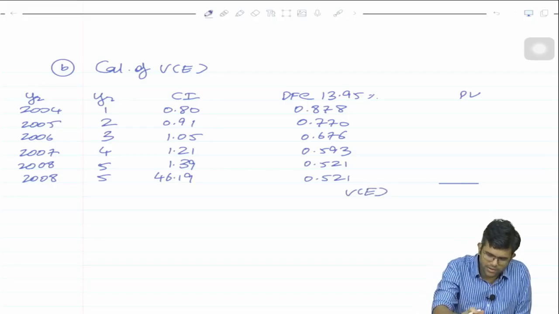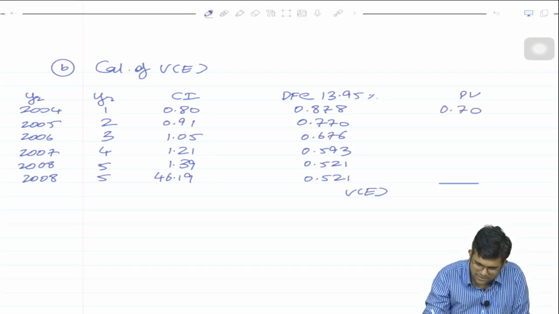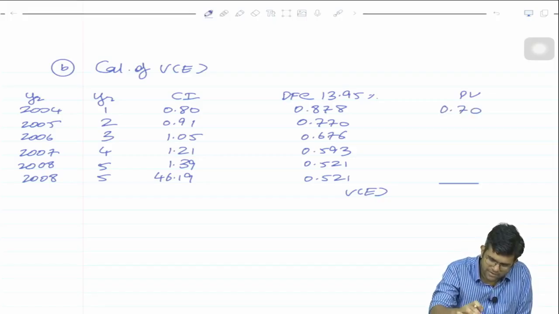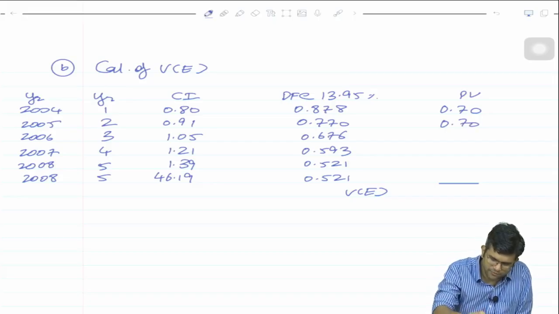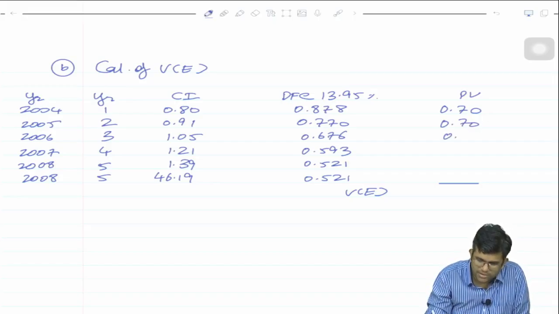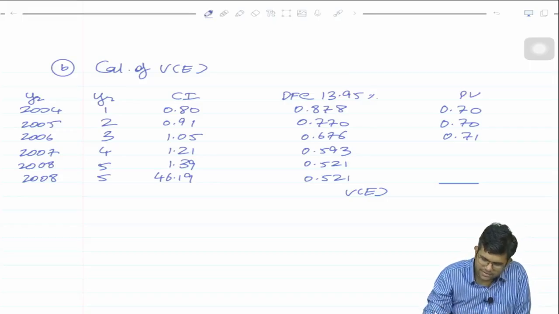So this is 0.8 into 0.878, which is 0.70. 0.91 into 0.77 is again 0.70. 1.05 into 0.676 is again 0.71. Then 1.21 into 0.593 is 0.72.